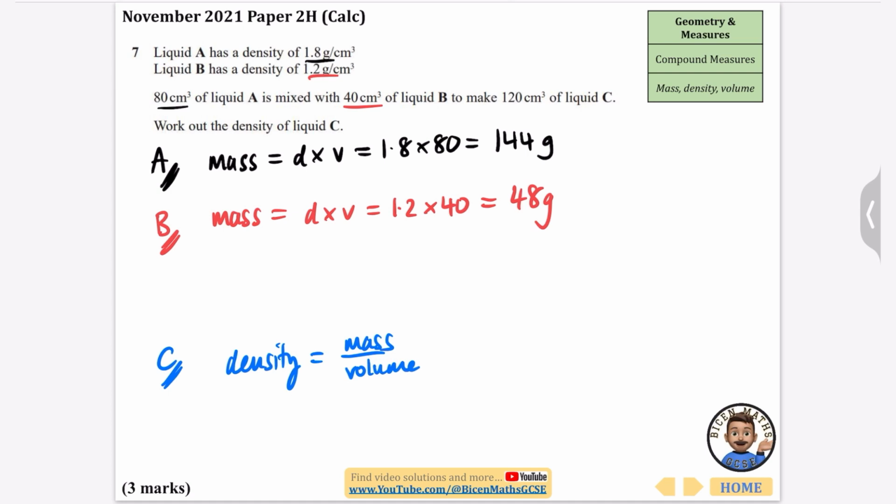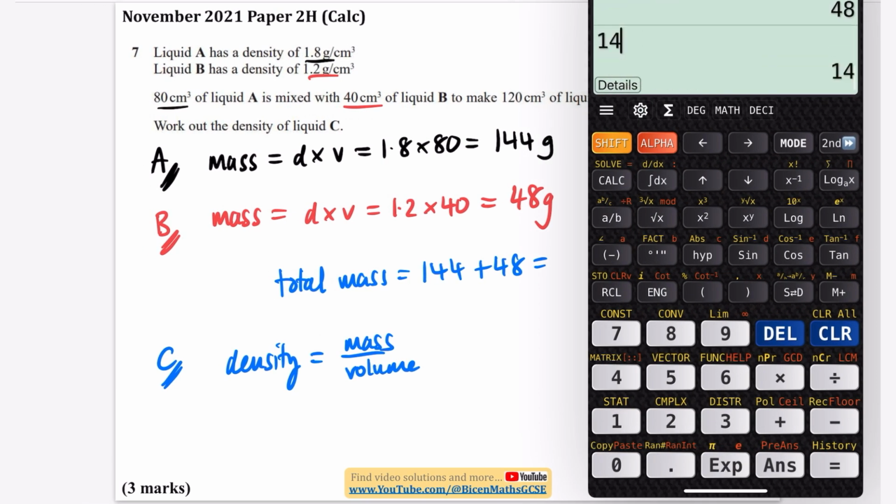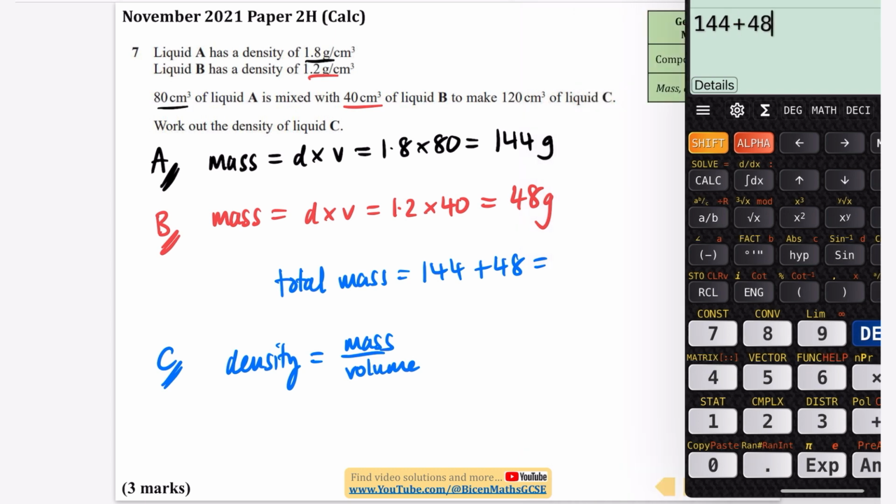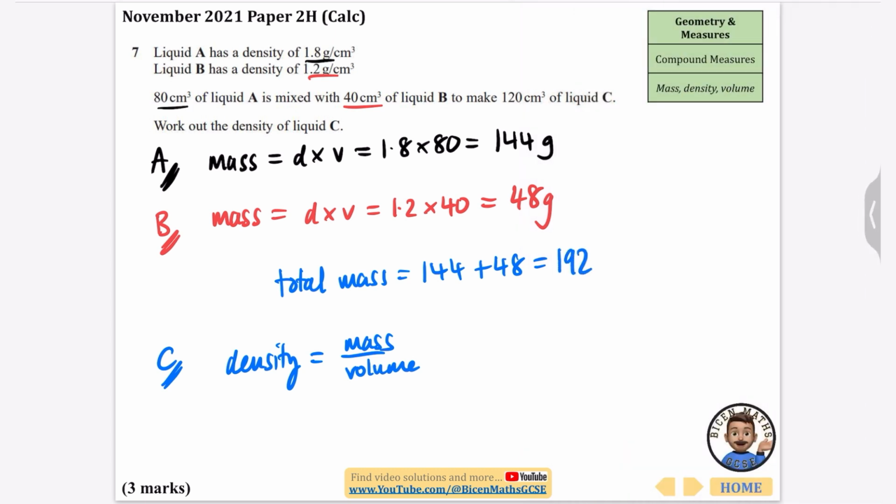So for C, we can now say that the total mass is 144 plus 48, that is 192. And they've already told us that the volume is 120.